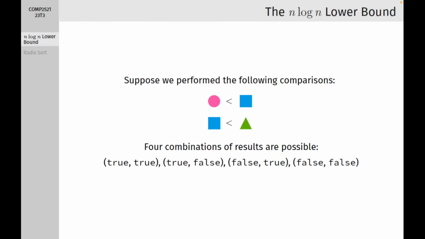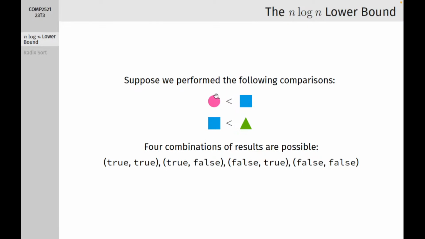So if we only get 2 comparisons, say we compare the circle with the square, then we compare the square with the triangle, then there are 4 combinations of results. Either they're both true, so circle is less than square and square is less than triangle, or they could be both false, so circle is not less than square and square is not less than triangle, or one of them is true and one of them is false.